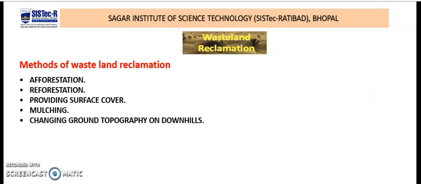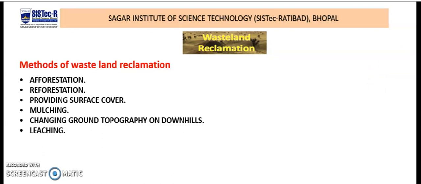Changing ground topography of downhills. Running water erodes the hill soil. This can be minimized by following alteration in ground topography like strip farming, terracing, and contour farming. Leaching.